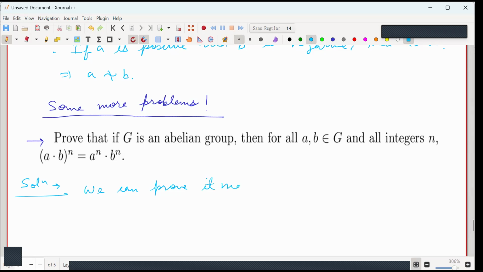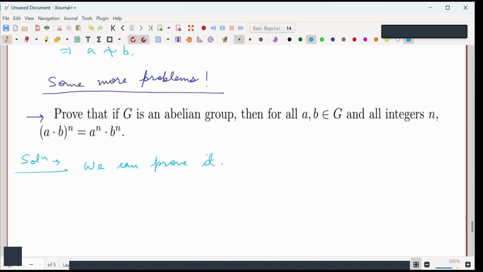Whatever you are saying is okay, but there is some unclarity there. Intuitively, you are correct that we can swap the elements and then we will get A^n on one side and B^n on one side. That's what we are going to do, but in a more formal way. We can prove it by using induction.